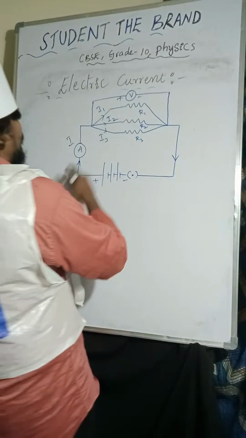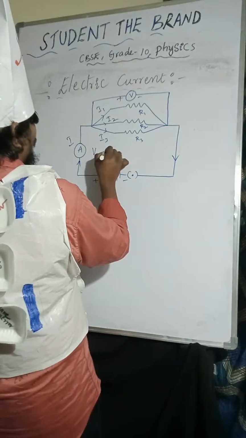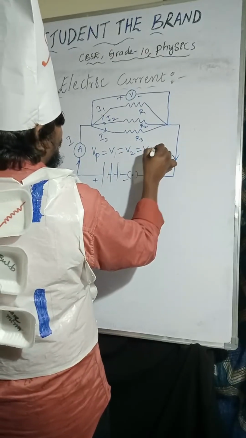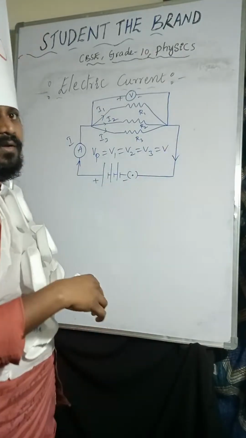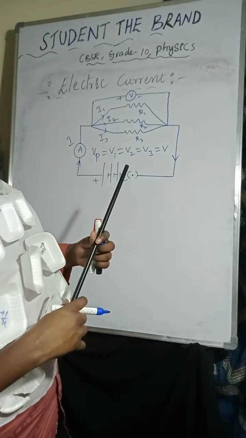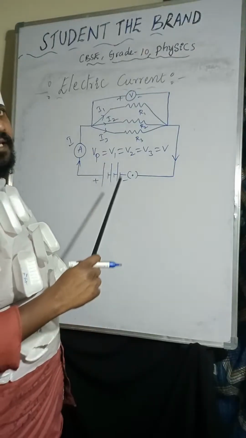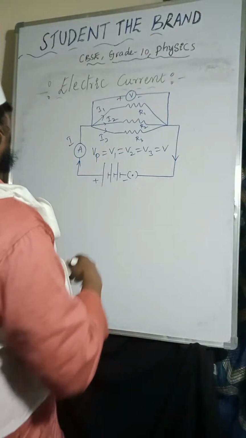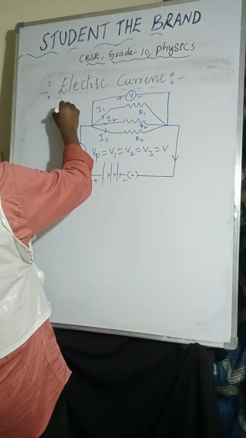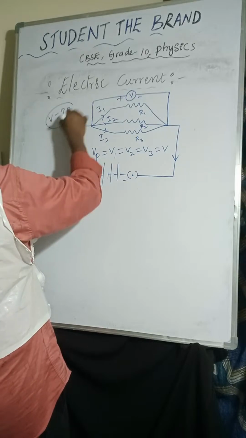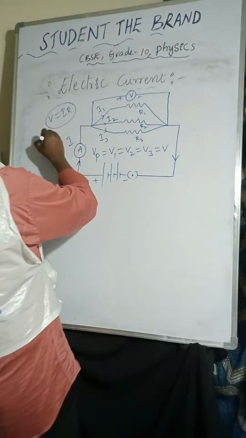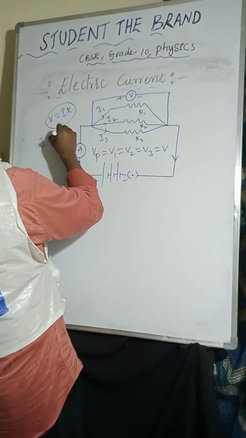So then we can take Vp equal to V1 equal to V2 equal to V3 equal to V. Potential difference is same across R1, R2, R3. Now from Ohm's law, V equal to IR, so I equal to V by R.